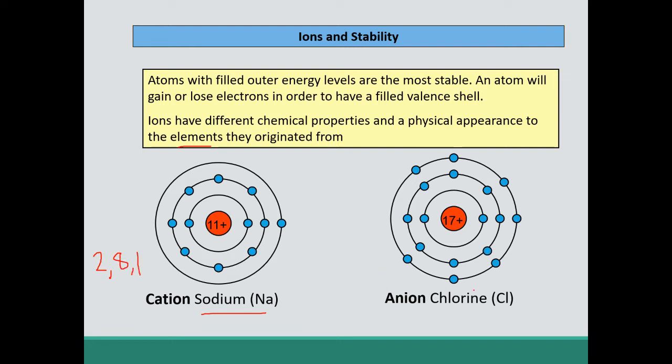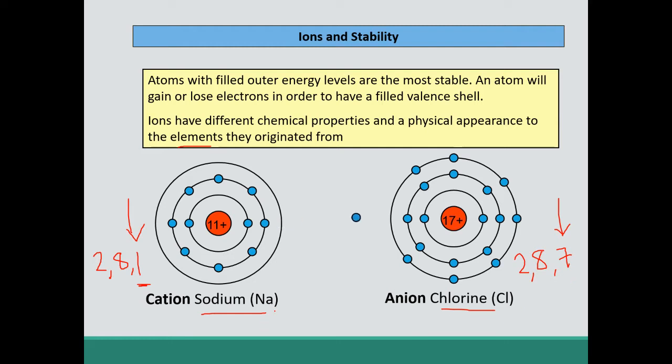Whereas chlorine has an electron configuration of 2, 8, 7. That means sodium has 1 valence electron and chlorine has 7 valence electrons. So sodium atoms, to get a full outer shell, are more likely to lose this 1 outer electron, whereas chlorine is more likely to gain 1 electron to form a full outer shell of 8.